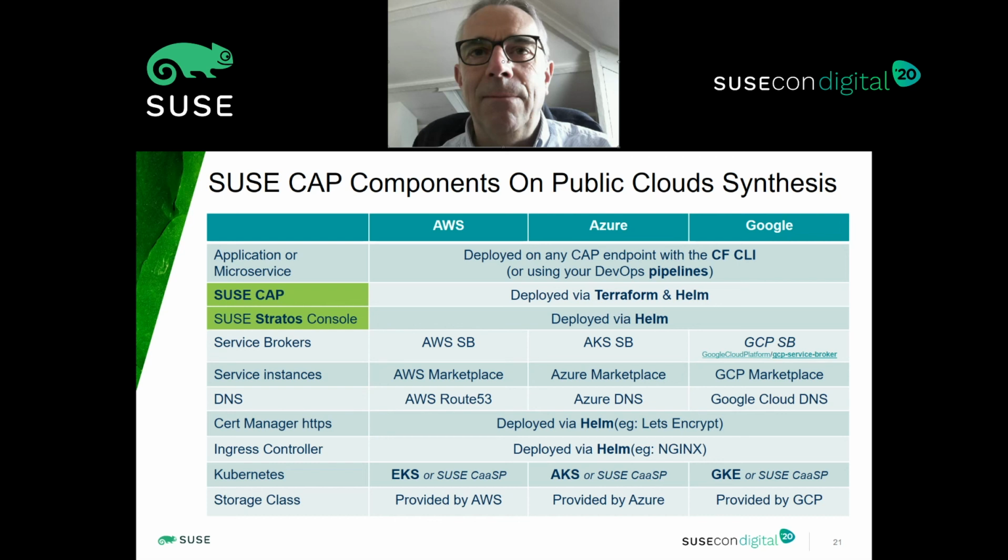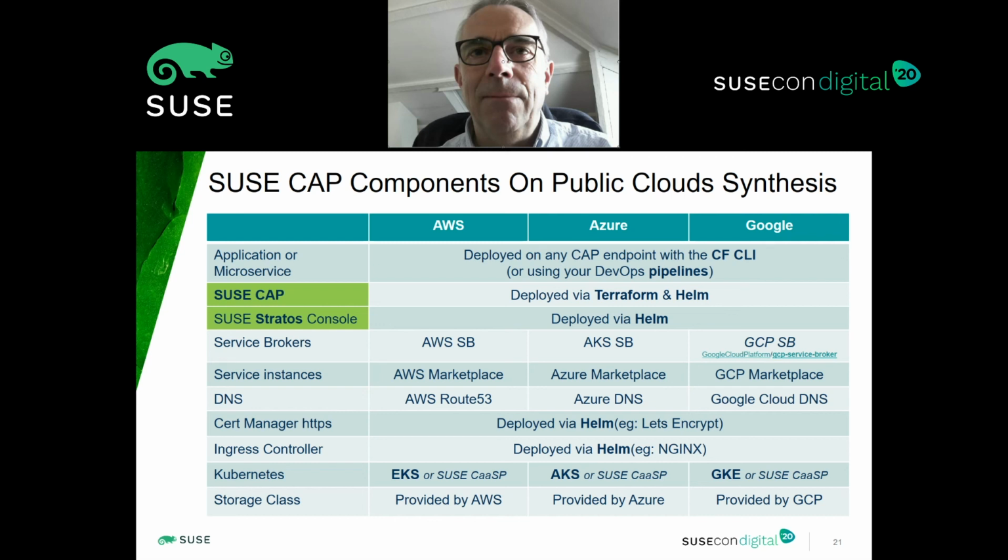Kubernetes itself is generally deployed either by Terraform or by some other means, or even through the portal of various cloud providers. In terms of storage, the storage required by some services is provided by the IaaS layer of your cloud, but it's integrated inside Kubernetes through what are called persistent volumes.